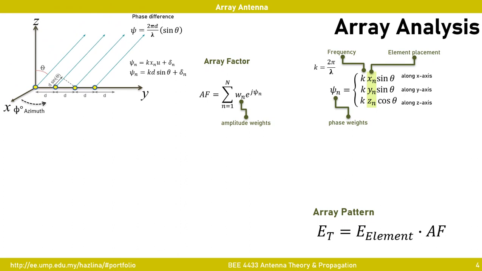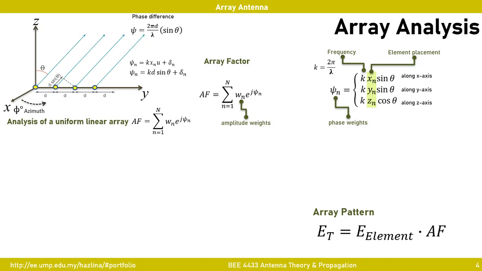Now, let's look to the example given here. A linear array of 4 elements isotropic antenna arranged along y-axis. As this is a uniform isotropic array, the amplitude weight Wn is equal to 1.